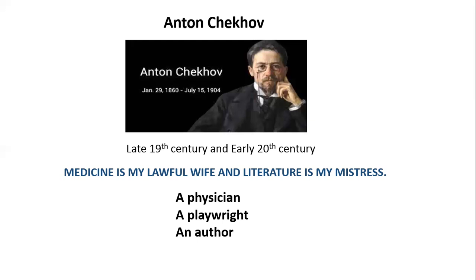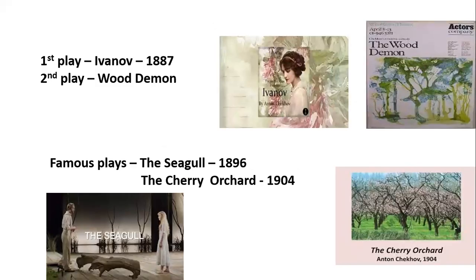And if we talk about his first play, it was Ivanov in 1887, and his second play was Wood Demon, and his famous plays are The Seagull and The Cherry Orchard. The Cherry Orchard was his last play, in 1904, and here he has described this social change deeply.